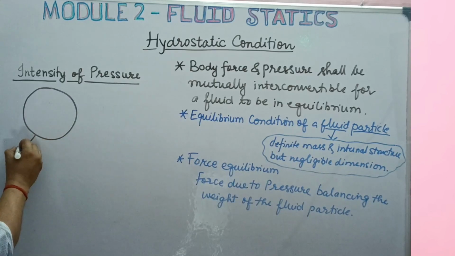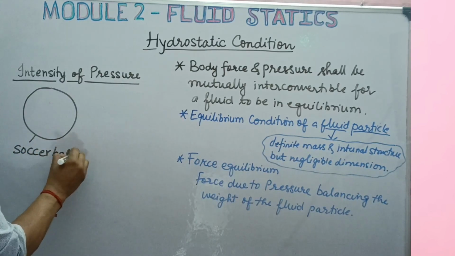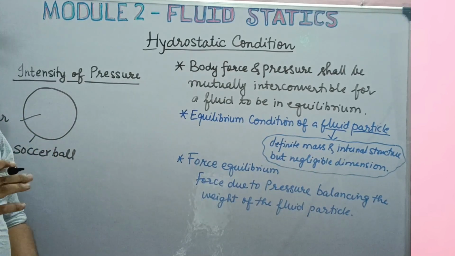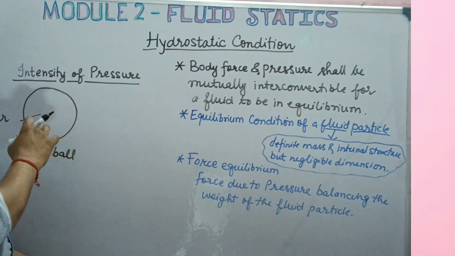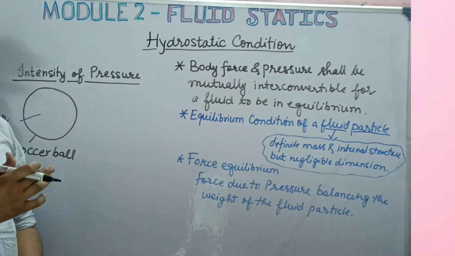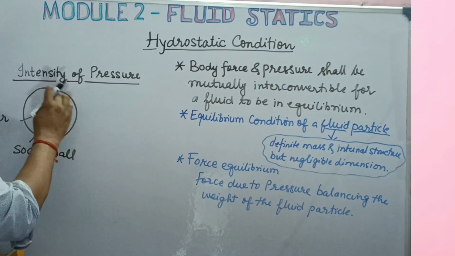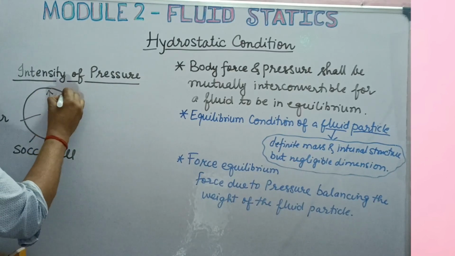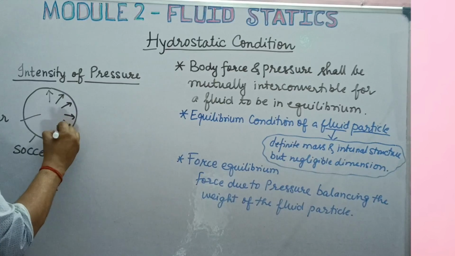So this is a soccer ball or a football, and we have air which is filled in this soccer ball. Now the molecules of the air interact with the walls of the soccer ball, and it produces a pressure distribution. So the air molecules are interacting with the walls of the soccer ball, and it is creating a pressure distribution, say like this.